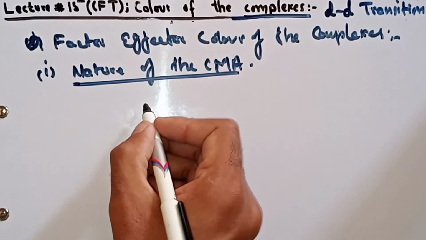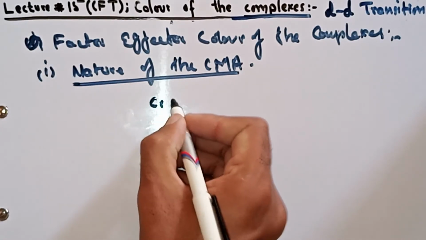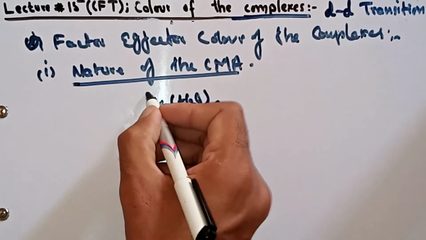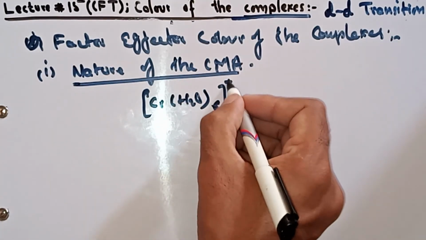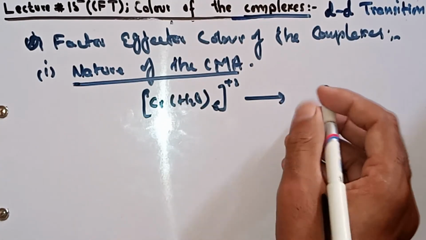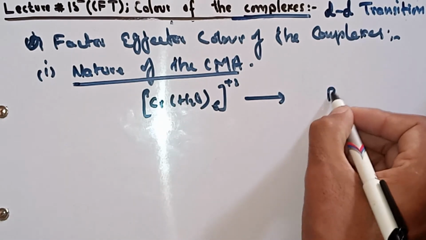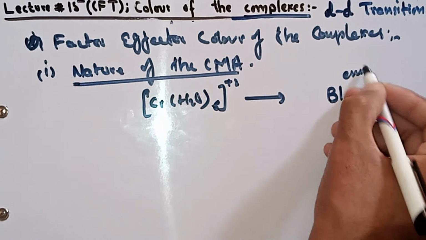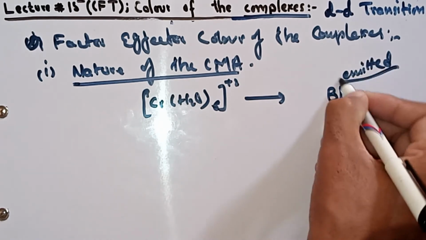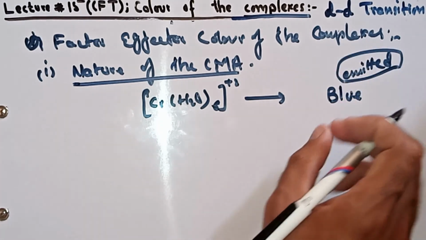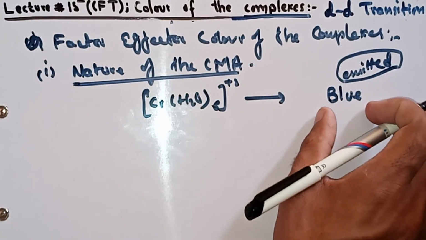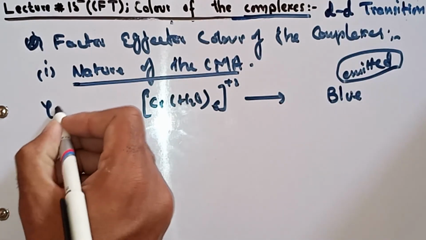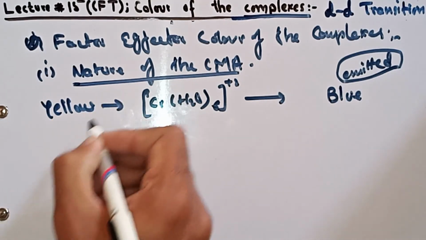For example, chromium H2O 6 plus 2 ion, with the same ligand, shows us blue color, this is the emitted color. The complementary color of blue is yellow, so yellow will be absorbed.